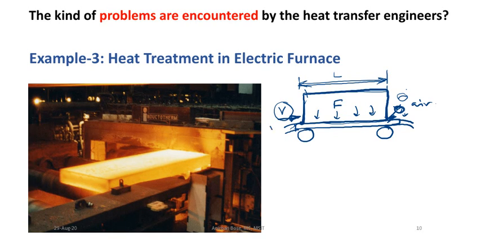Okay, so this problem also can be asked. Or suppose it is known that the length is this, it is known that the velocity is this, then we may be interested to know what should be the temperature at the outside when it is just coming out of the furnace. So these kind of problems can be encountered by the heat transfer engineers.